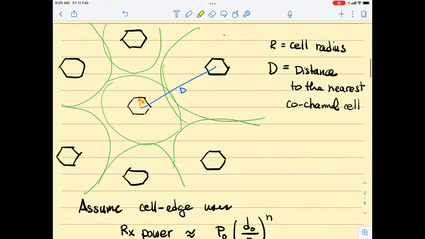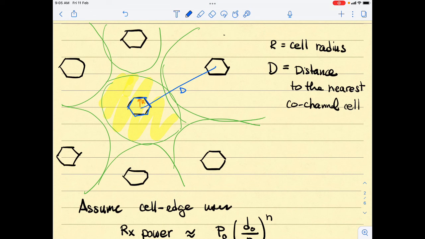Let's take a look at this. We have a cluster. Let's assume this is a cluster, and we only focus on one cell. This cell will use some set of frequency channels.